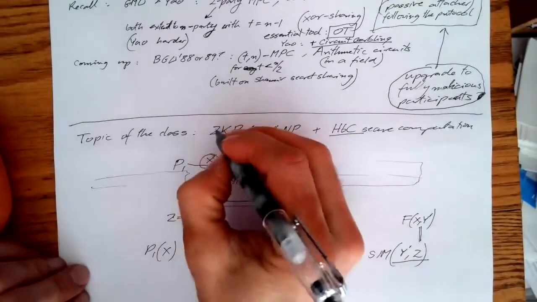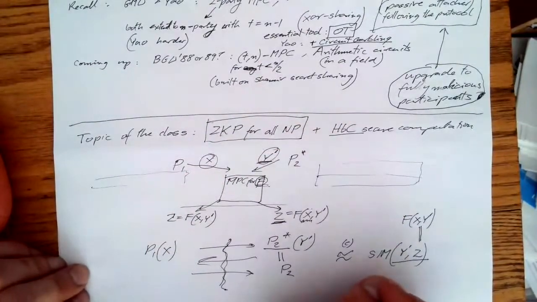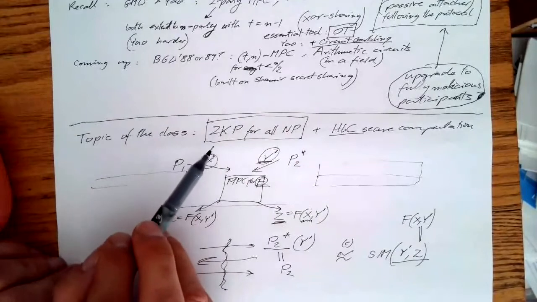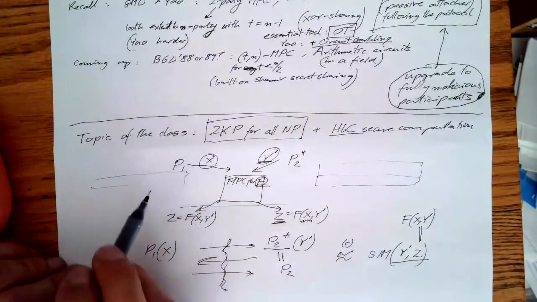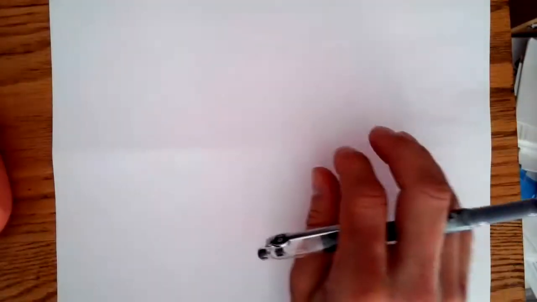But we have this beautiful tool of being able to prove that whatever you do is correct. So here is the immediate apparent compiler from honest but curious.